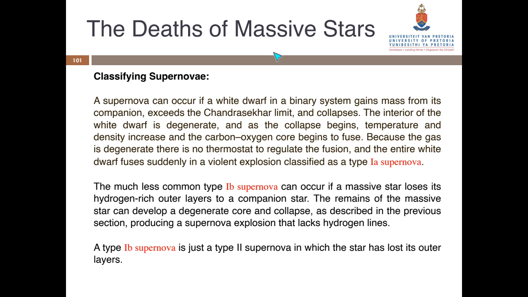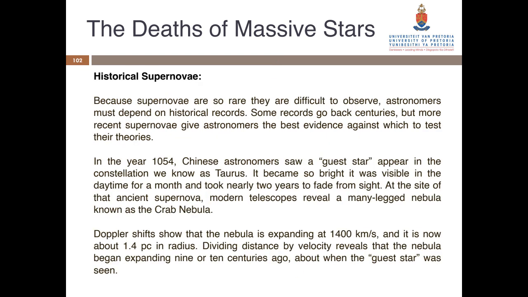A type 1b supernova is just a type 2 supernova in which the star has lost its outer layers. Because supernovae are so rare, they are difficult to observe. Astronomers must depend on historical records. Some records go back centuries, but more recent supernovae give astronomers the best evidence against which to test their theories.